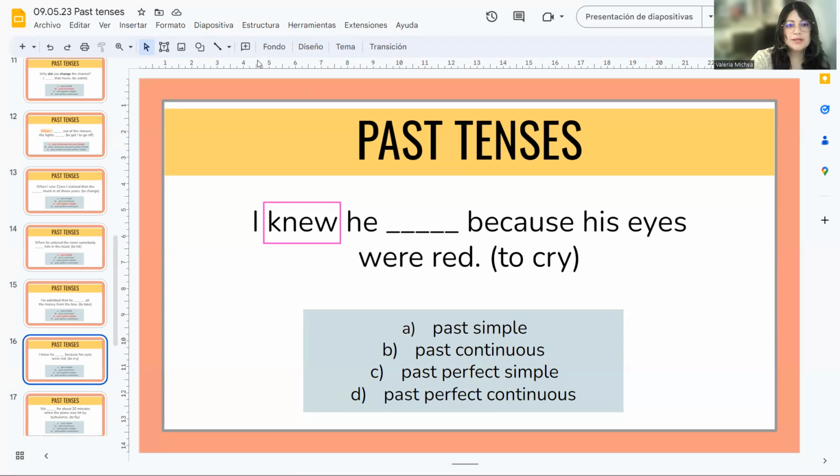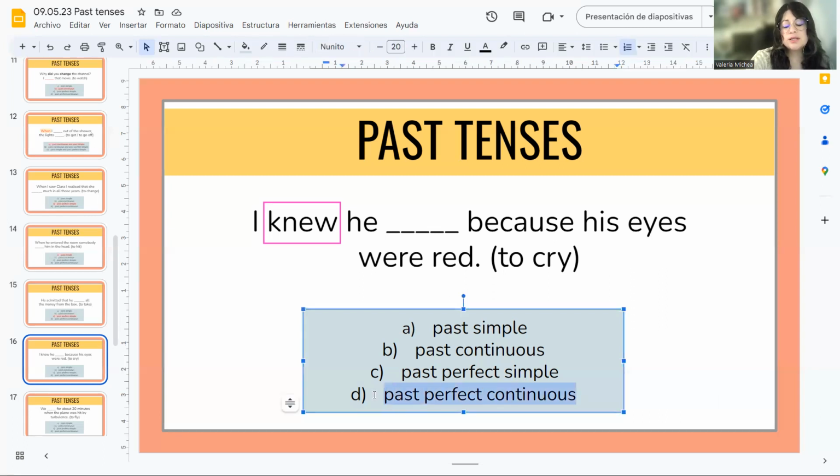This is a little tricky. I would go for the perfect tenses, any of those, depending on your emphasis. If I want to make emphasis in the duration of the action, like I want to make emphasis that he cried a lot and for a long time, maybe I would go for the past perfect continuous.